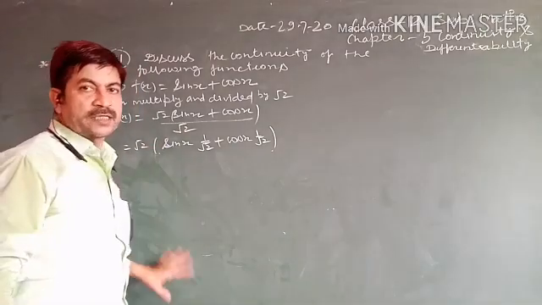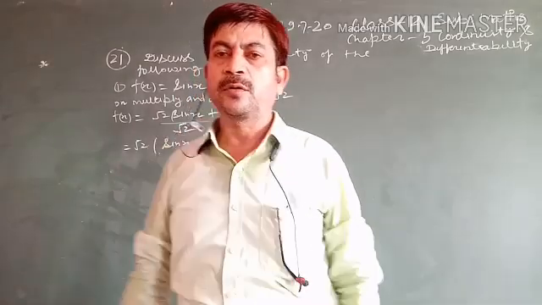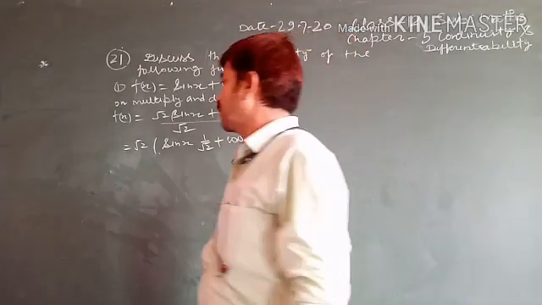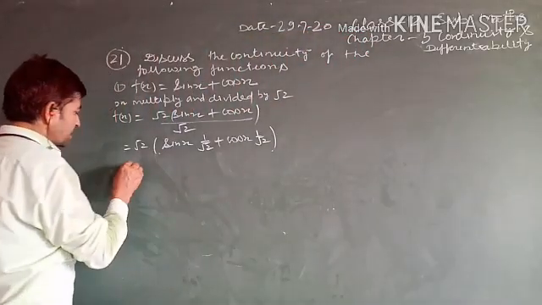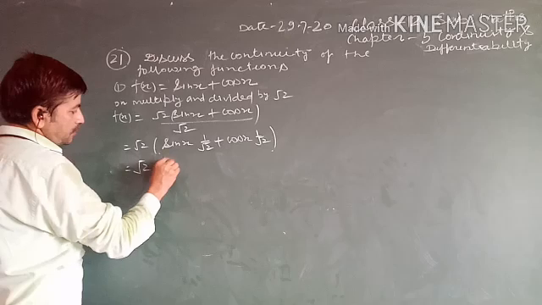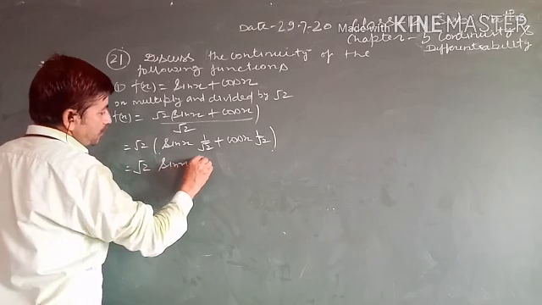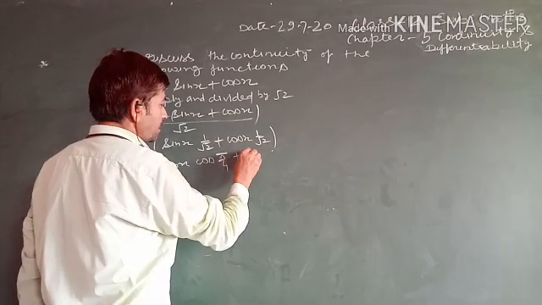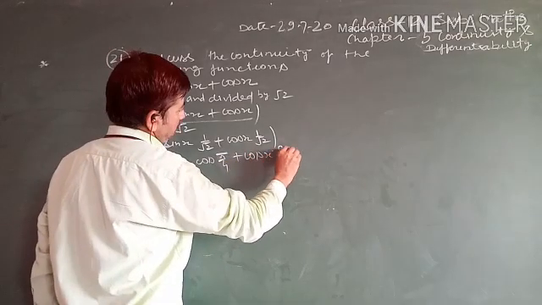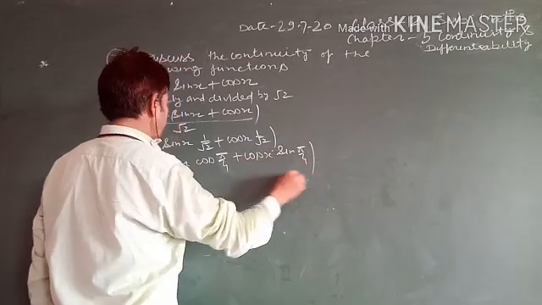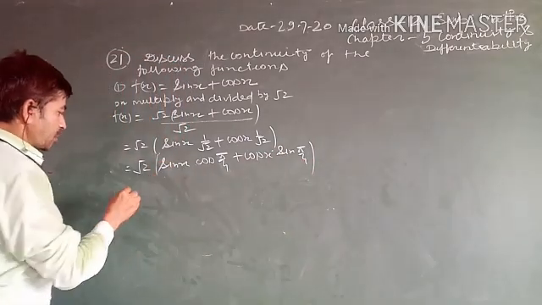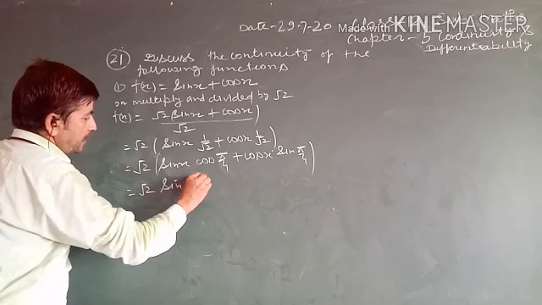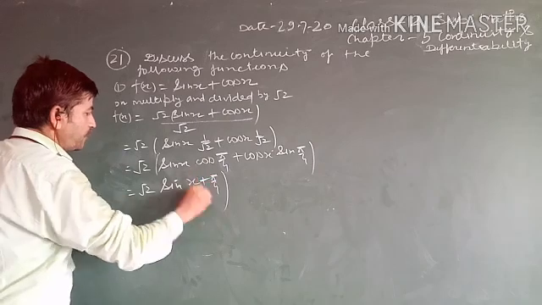Students, we know that 1 upon root 2 is the value of sin 45 and also cos 45. Then this expression will equal root 2 times sin x cos pi by 4 plus cos x sin pi by 4. It is equal to root 2 sin of x plus pi by 4.